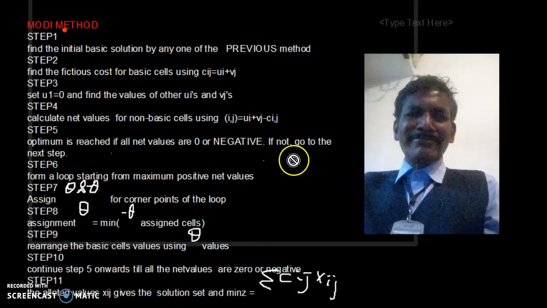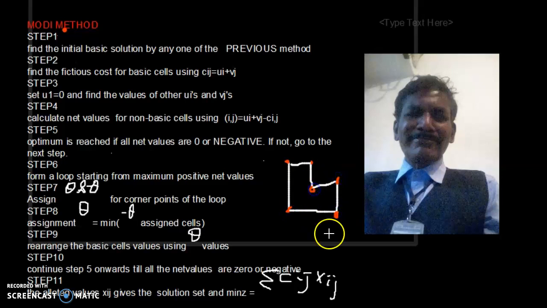Second, all the corner points must be basic cells. Suppose we are drawing a loop like this, then all the corner points must be assigned values, so assigned cells or basic cells, we say.